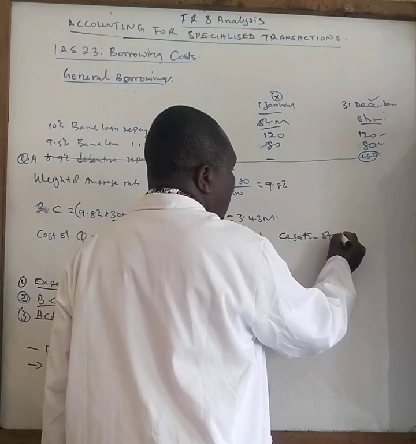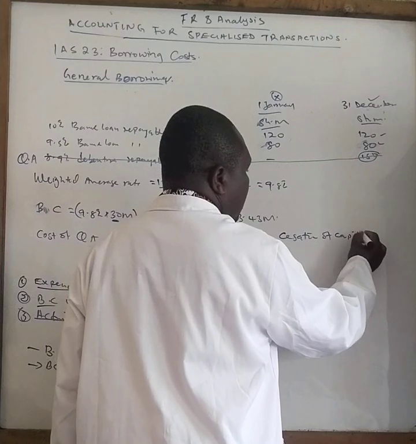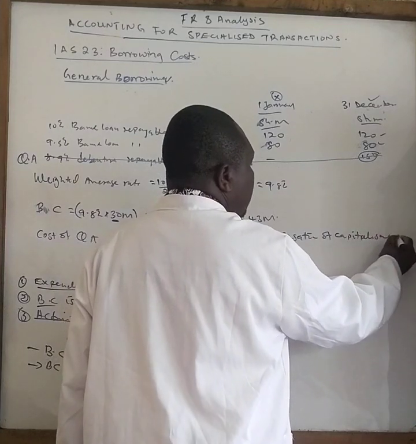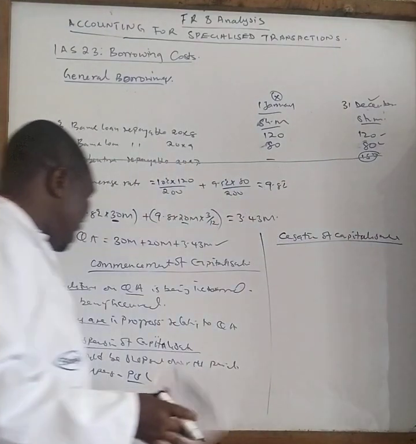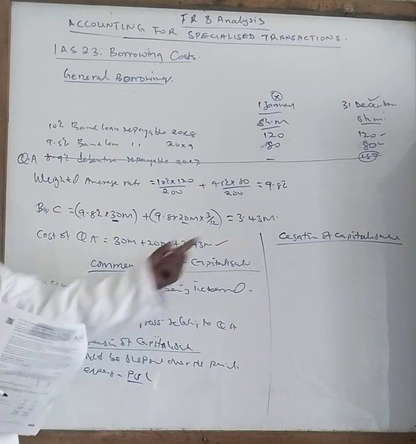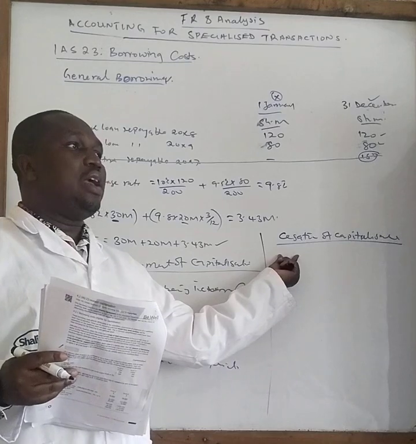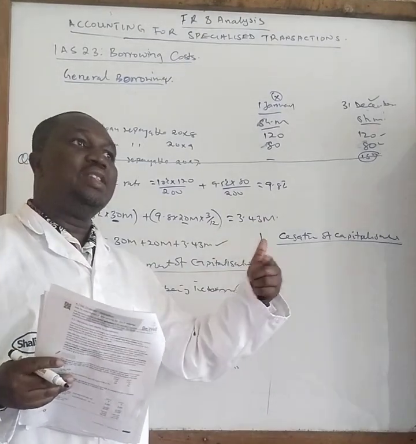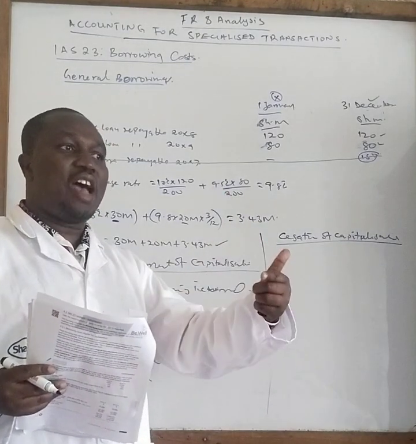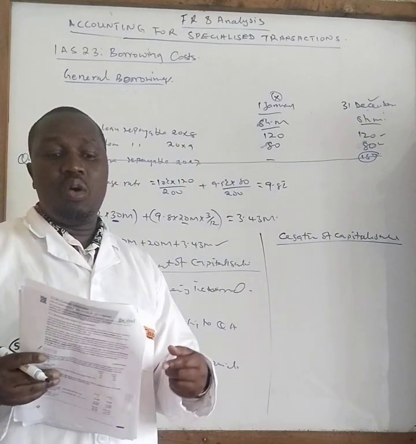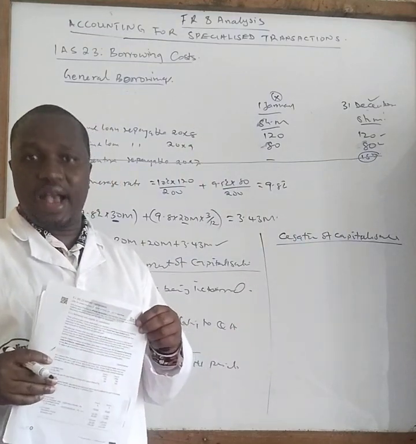Now, what if there is cessation of capitalization? When do we stop capitalizing the asset? We have suspension here and we have cessation here. We can only stop capitalizing the borrowing cost if substantial activities have been completed on the qualifying asset.